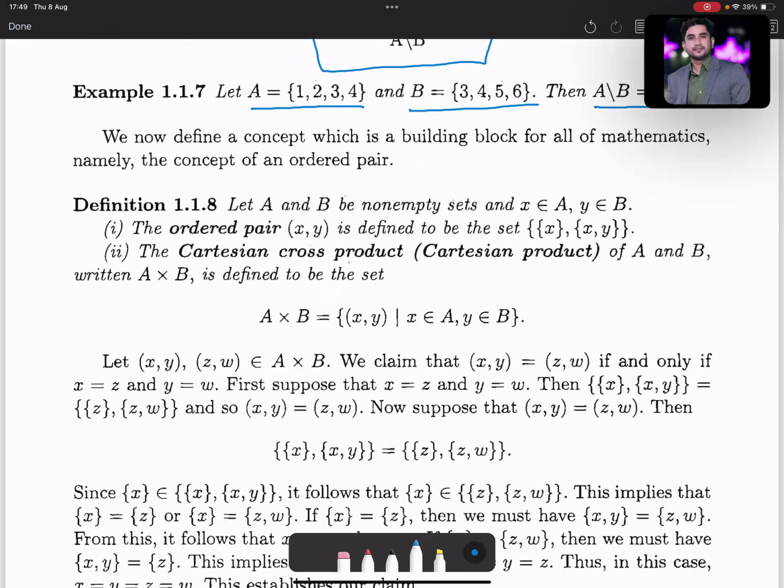Now, this is a concept which is very, very important for all of mathematics, and we define it. So we have a set A and a set B, non-empty, where x is in A and y is in B. Then the ordered pair (x, y) is defined to be the set.